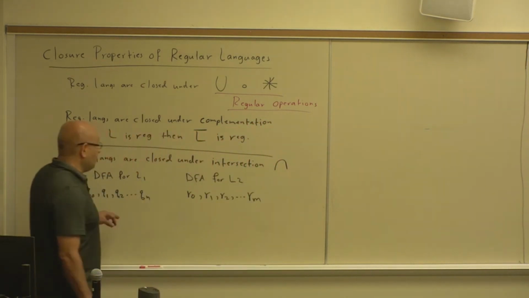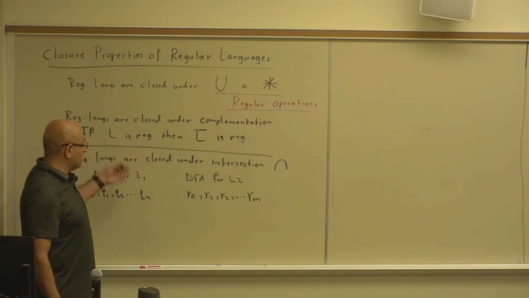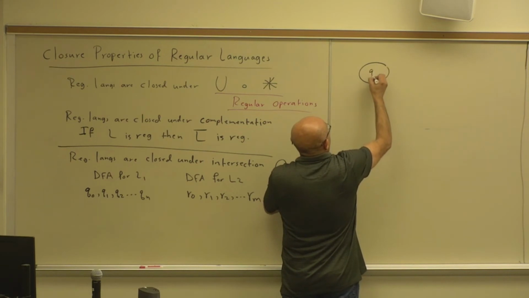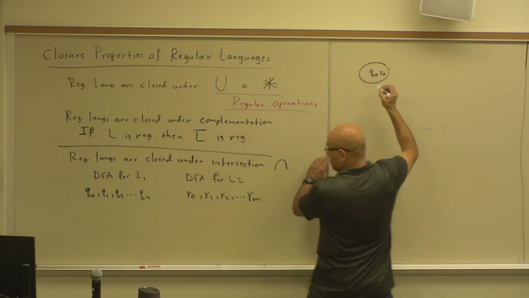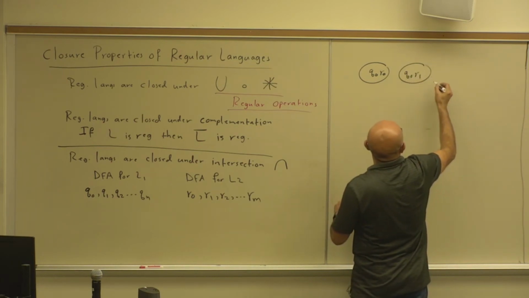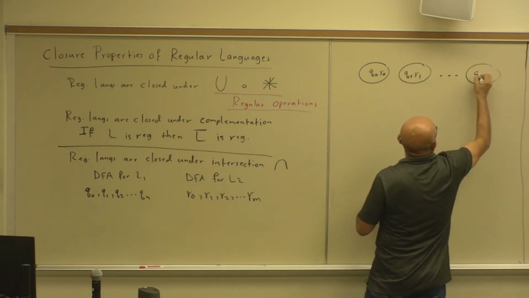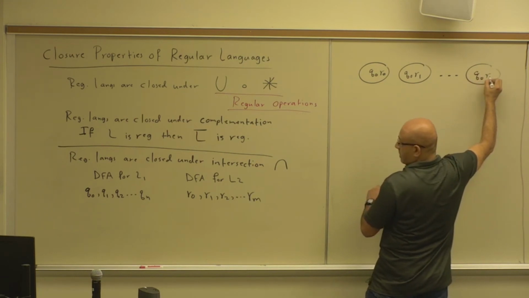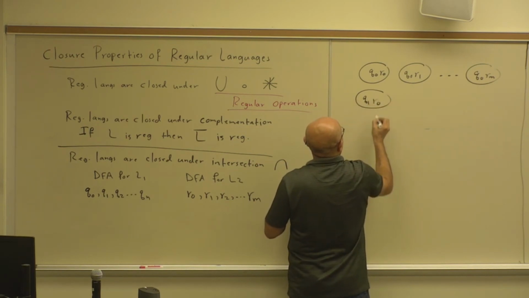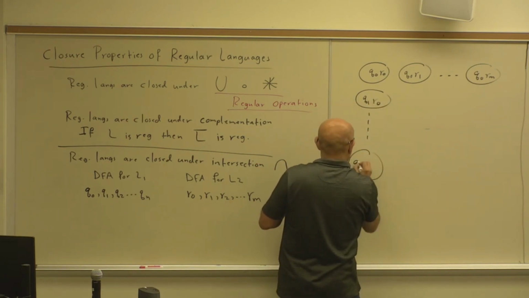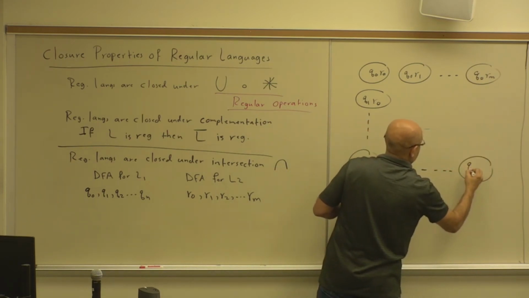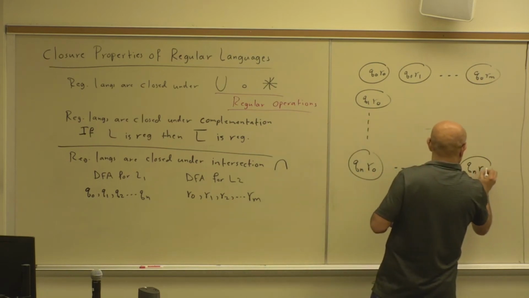You would construct a DFA that has the cross product of these states. So you have Q0, R0, Q0, R1, through Q0, Rm, and then Q1, R0, through Qn, R0, and finally Qn, Rm.